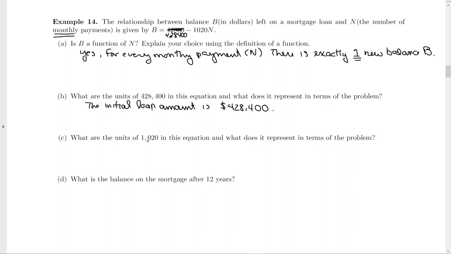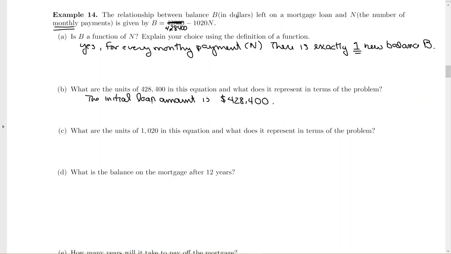What are the units of the 1,020 in this equation, and what does it represent in terms of the problem? I know it's the slope because it's in front of the variable. So I know it's a slope, but they want it in terms of the problem. So our units on that will help us out in figuring out what's going on. In this problem, we're talking about dollars, and our unit label that's representing a time unit is in months.